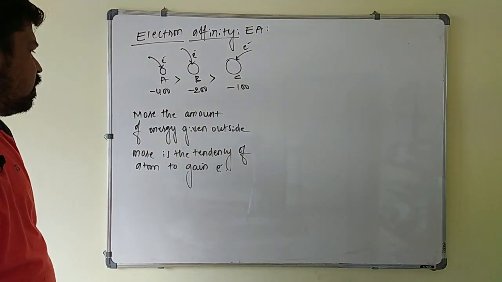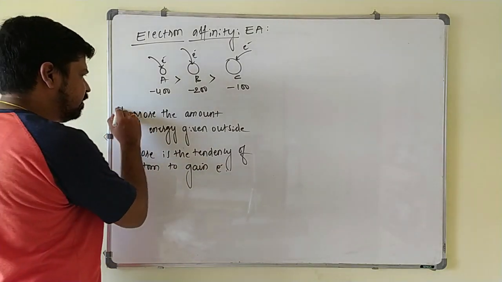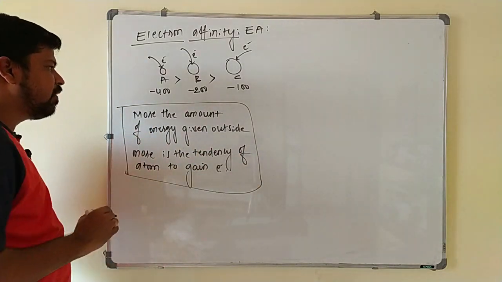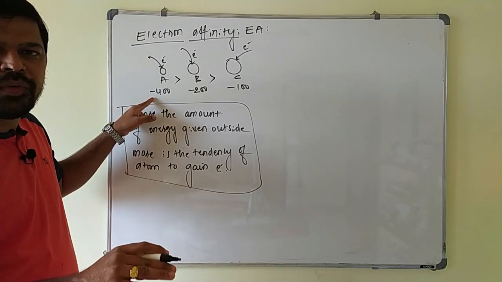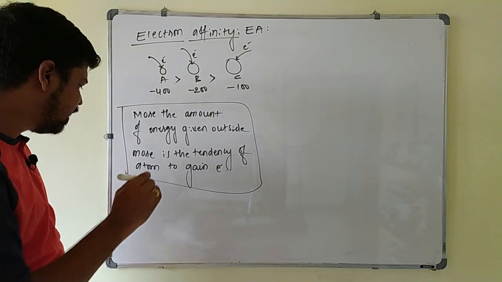So this one you have to remember. This is very important point here. So always electron affinity value is what? Negative. More negative value, more tendency. More positive value, less tendency to gain the electron here.